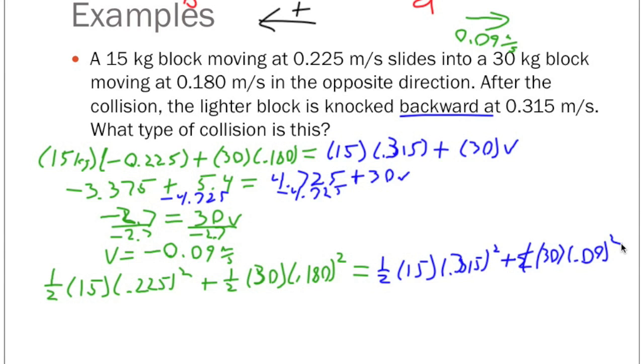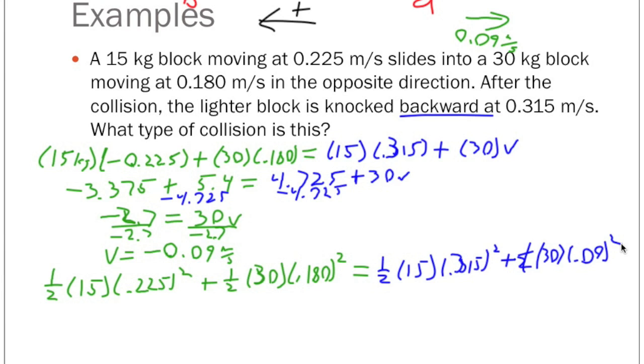If this equation is true, then this would be an elastic collision. If it is false, if the before is greater than the after, then it's an inelastic collision. And if for some reason the after is bigger than the before, it means this is a physically impossible situation, or it's not a closed system. Somehow someone added energy to the system, which is normally not something we're going to run into here.